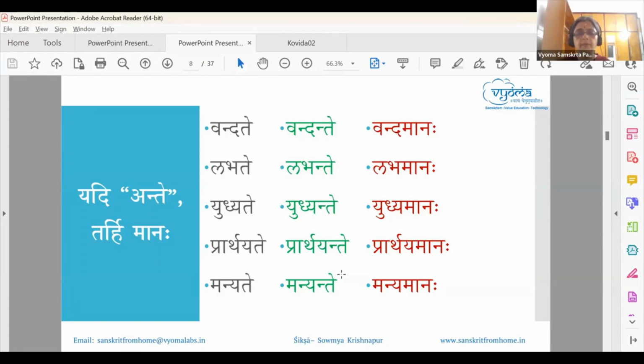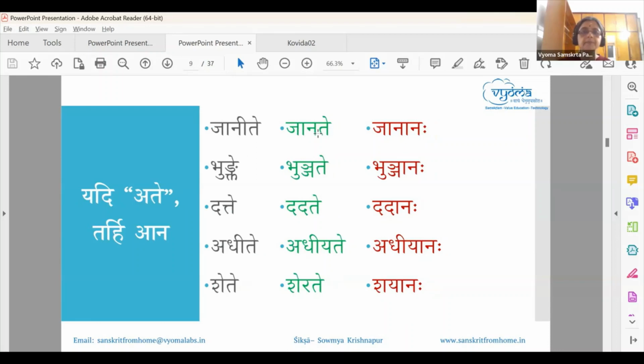Both always coexist. If the lat lakara has an akara, the nakara will be heard. Whereas janite, janate: you don't hear the nakara. It's not janante in the bahuvachana form, so it will just be jananaha. Bhunkte, bhunjate: here also you don't hear the nakara, so it is bhunjanaha.